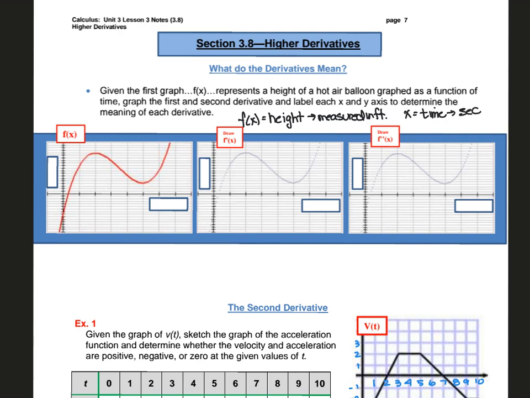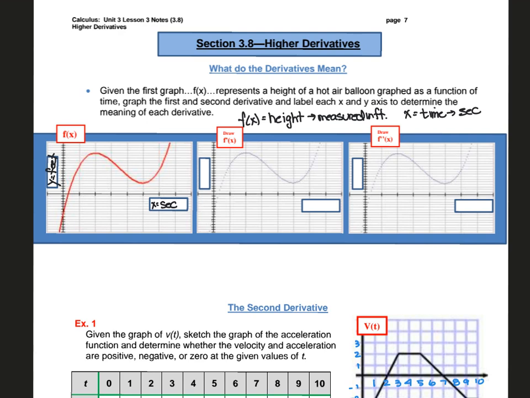And we're going to go over to our first graph here, which is our f of x graph. We have that one already drawn out for us. Labeling our x and our y axis, the x here is equal to seconds, and the y axis here is equal to feet.